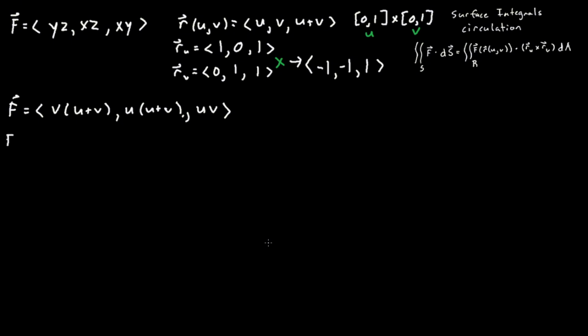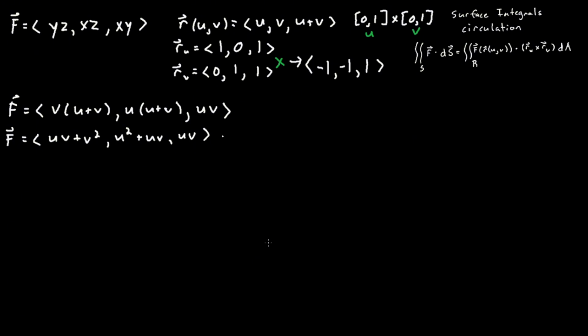And if you just want to expand this a little bit to make this easier to understand, we have v squared, u squared plus uv, and uv stays the same. Hold on, I have to remove this dot here, it's kind of bugging me.